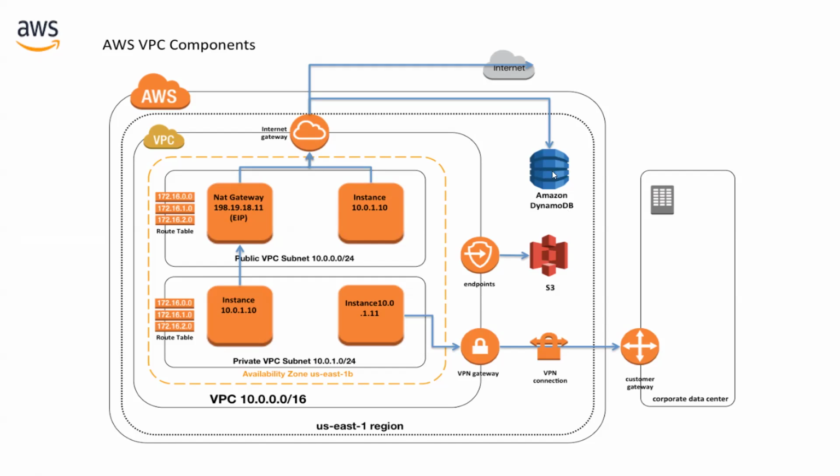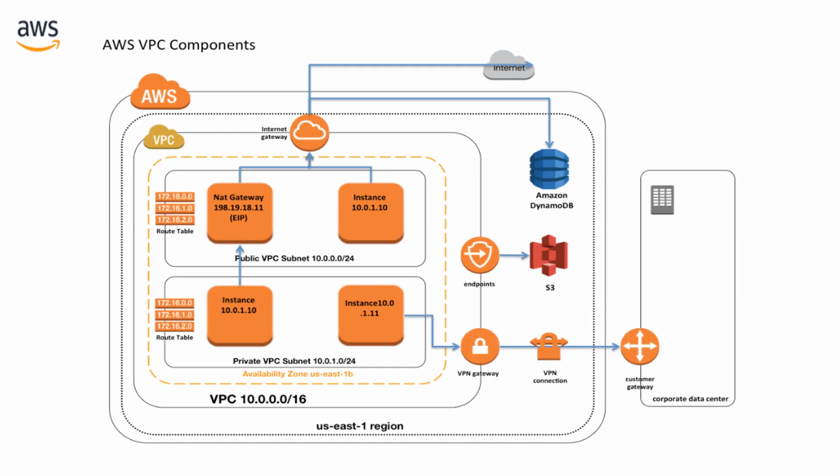So you can access Amazon DynamoDB or S3 from any instance in the public subnet itself. Any EC2 machine which is there in the public subnet can access those global services.